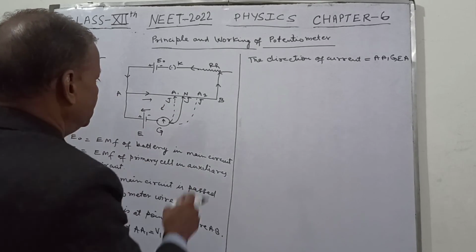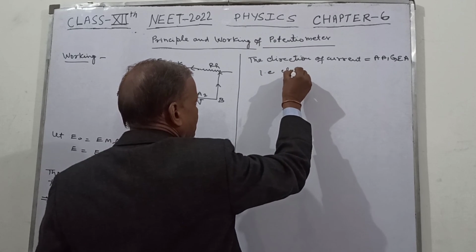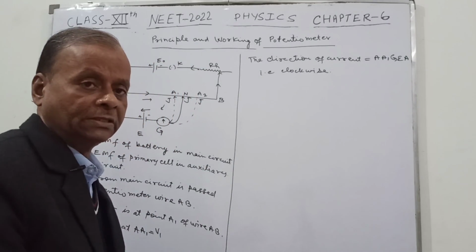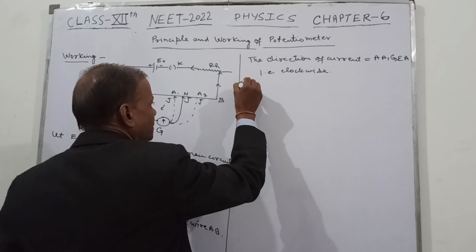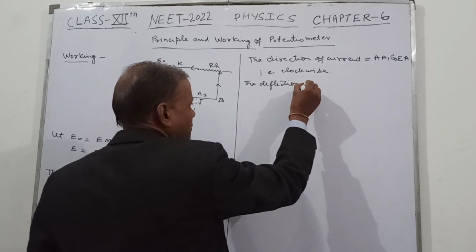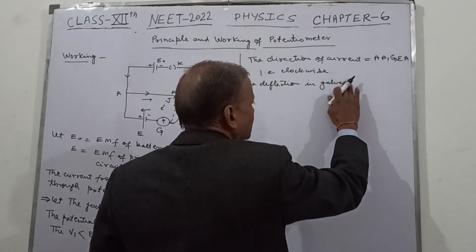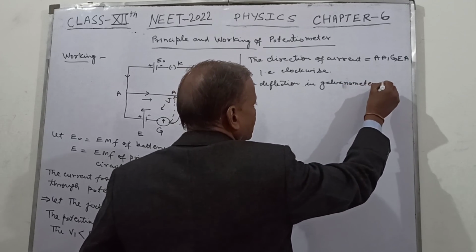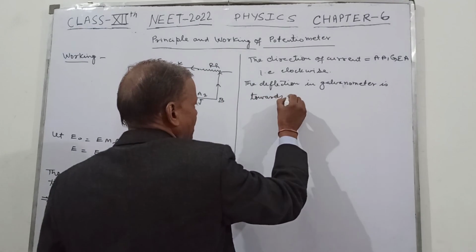So this is the clockwise direction. So the deflection in the galvanometer will be towards the left.